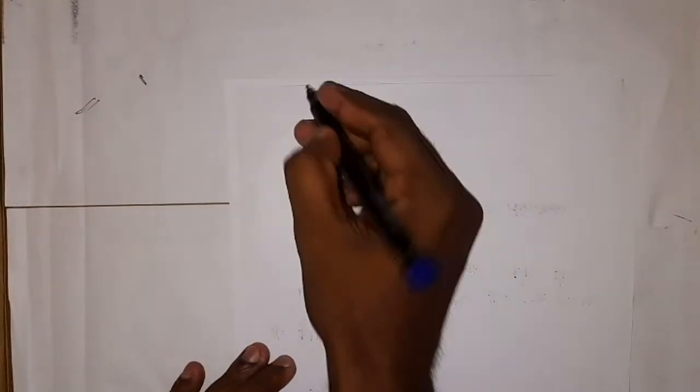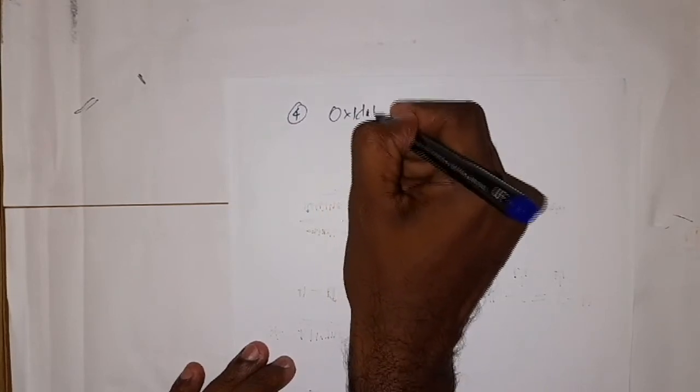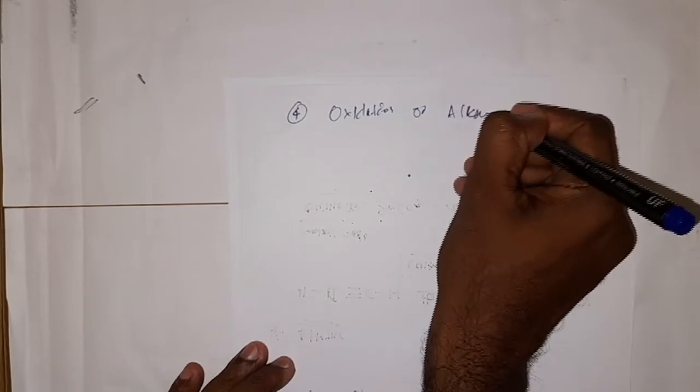Okay, let's consider the reaction type, the fourth reaction, fourth one, oxidation of alkene.